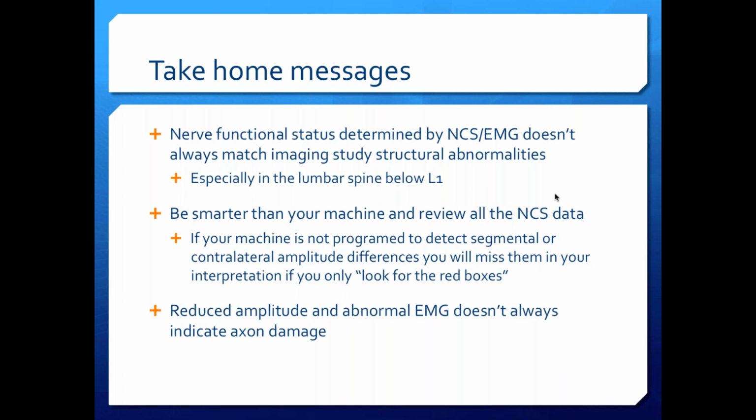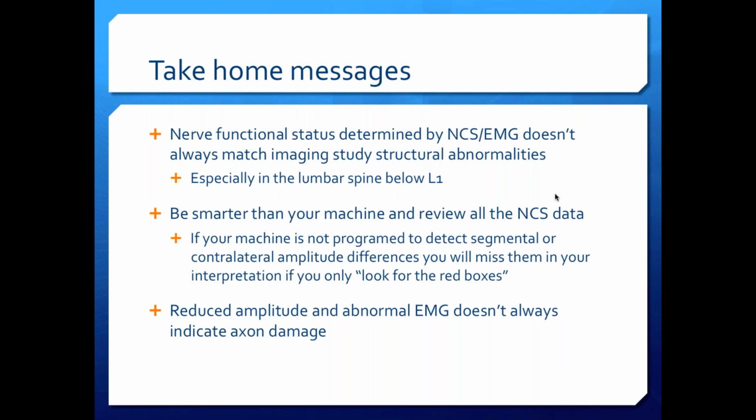So the take-home message of this case is that, again, the nerve conduction EMG gives us a functional report of the nerves. It doesn't look at the anatomy. The anatomy is looked at by our imaging studies. In this case, the MRI was helpful. In the joints or the extremities, obviously ultrasound is very helpful as well, to look at anatomical deficits.